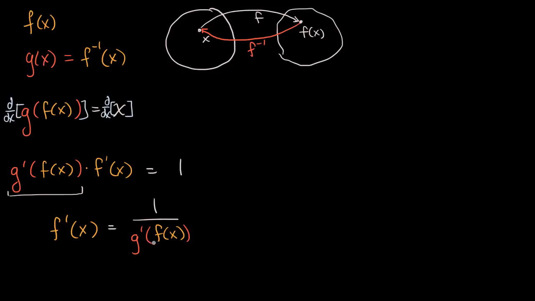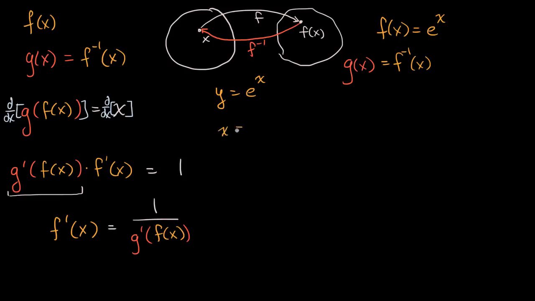And we can actually see this is true with some classic functions. So let's say that f of x is equal to e to the x. And so g of x would be equal to the inverse of f, so f inverse, which is, what's the inverse of e to the x? Well, one way to think about it is if you have y is equal to e to the x, if you want the inverse, you can swap the variables and then solve for y again.